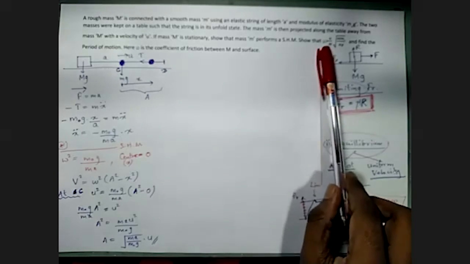Mu is greater than this value. And how to find that? That means we have to consider friction in this case. How to take friction to this particular problem?